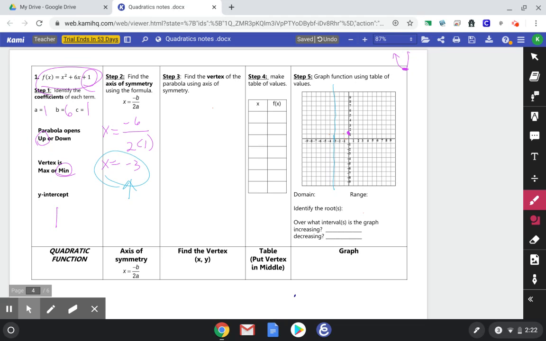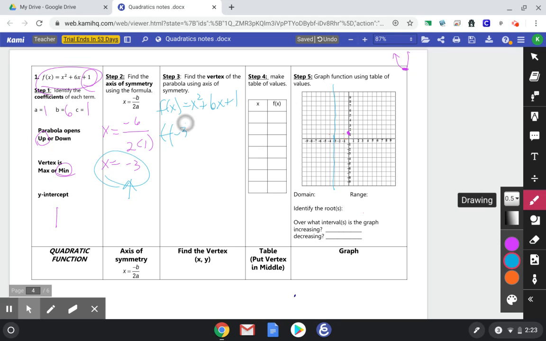Okay, so if I know my equation is f of x equals x squared plus 6x plus 1, and I know that my x is -3, I've got to figure out the corresponding y value that would go with it.